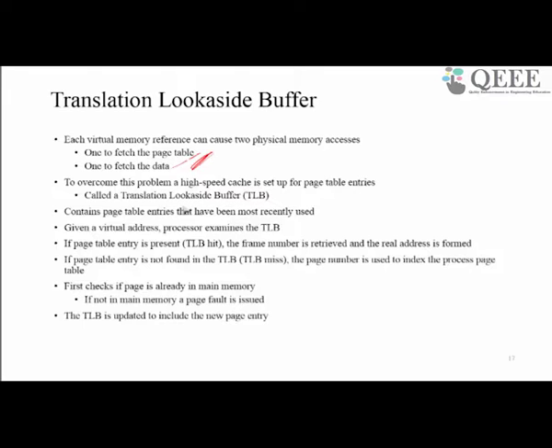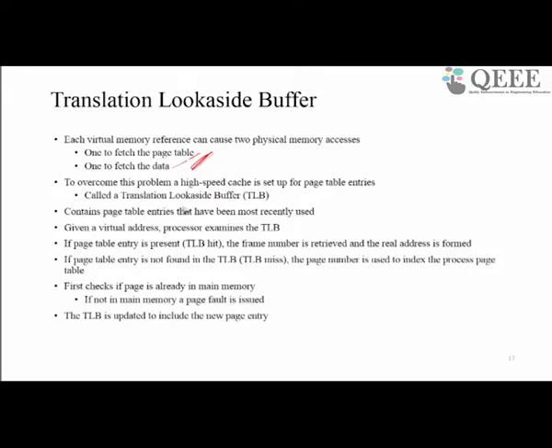Another aspect is that supposing you generate an address which falls in a page which is of size, let us say 4K, then it is very likely that successive accesses will also fall within the same page. So every time an address within a page is generated, doing a dynamic address translation, that is converting the virtual page number to the physical page number, is unnecessary.